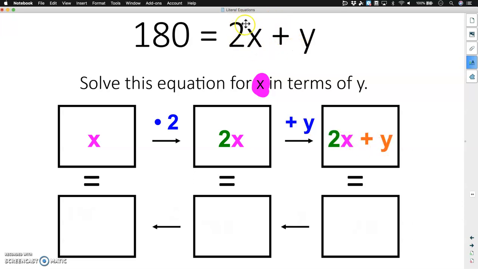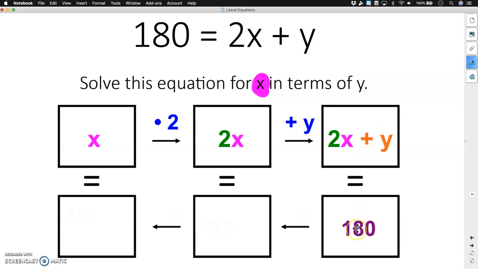Those are the operations that happen to x on this side of the equal sign. So having the 2x plus y look exactly like this 2x plus y is our goal. And that's how we know we can stop making boxes, is when the last box on the top looks like our equation. We know that the 2x plus y is equal to 180.